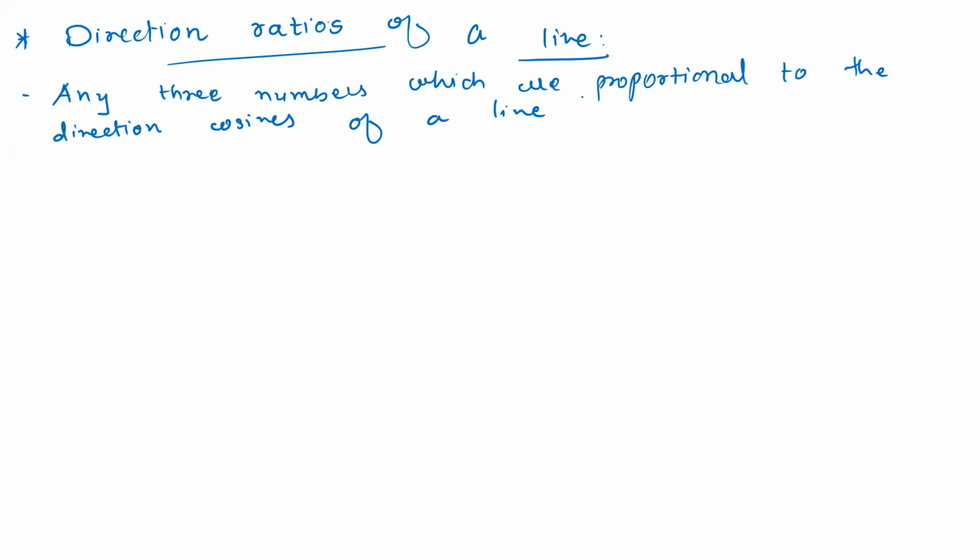That means if we take the ratio of L, M, and N with some three numbers, these ratios are going to be the same. Such numbers are called the direction ratios of a line.